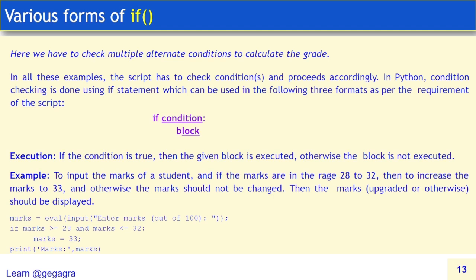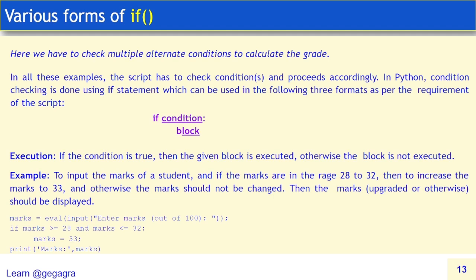For example, input the marks of a student, and if the marks are in the range of 28 to 32, then increase the marks to 33, otherwise the marks should not be changed. If you look at the example, marks is equal to eval. I have used the eval function here. Eval accepts the value in the form of a string and later converts it into an integer.